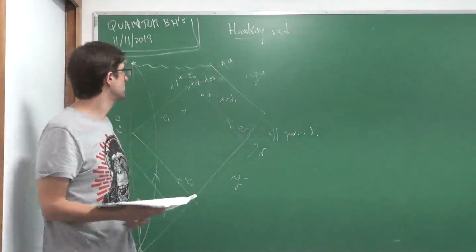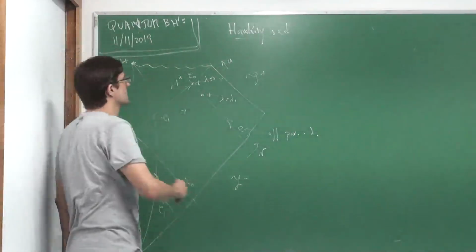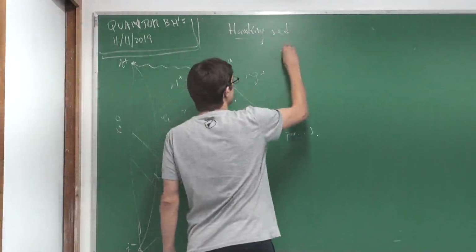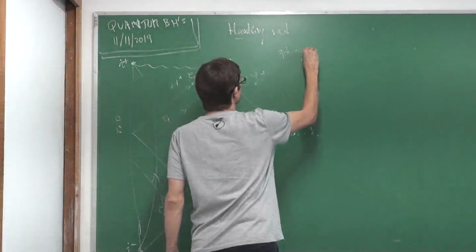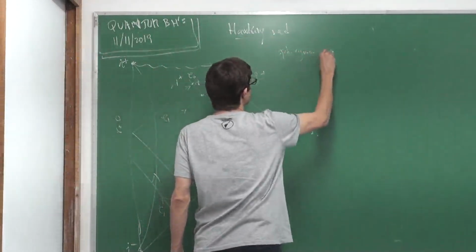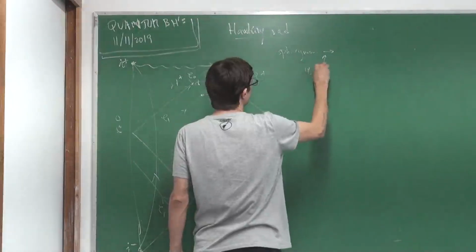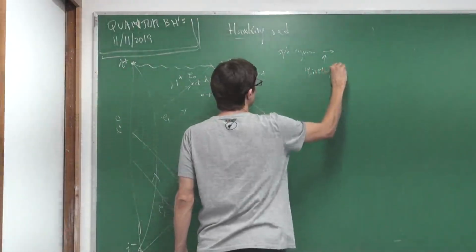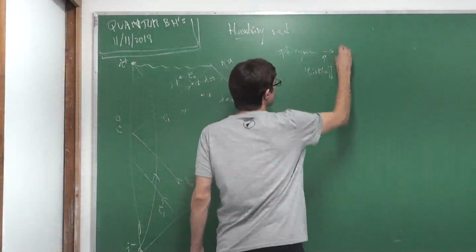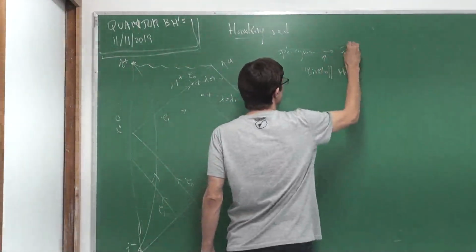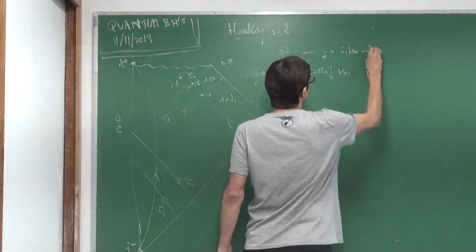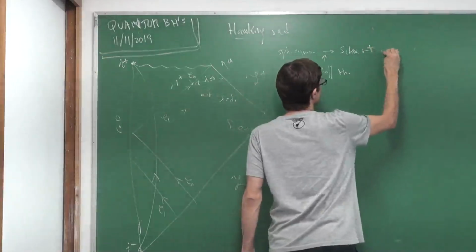We use that this is spherically symmetric. And so by Birkhoff's theorem, outside the star, the spacetime is Schwarzschild spacetime, outside the object.